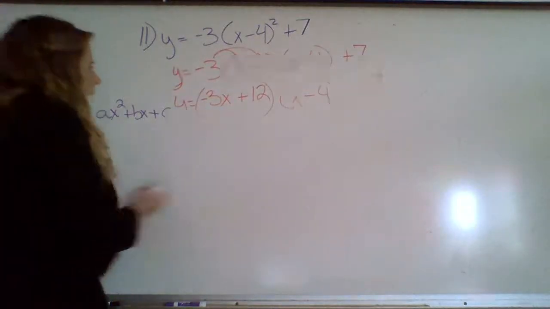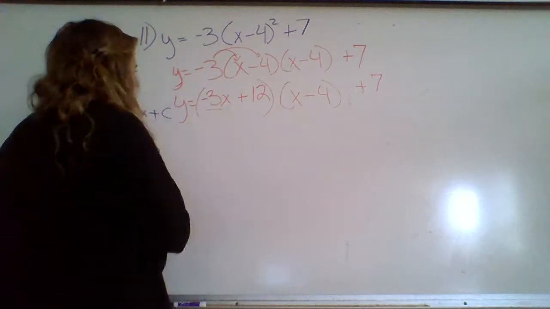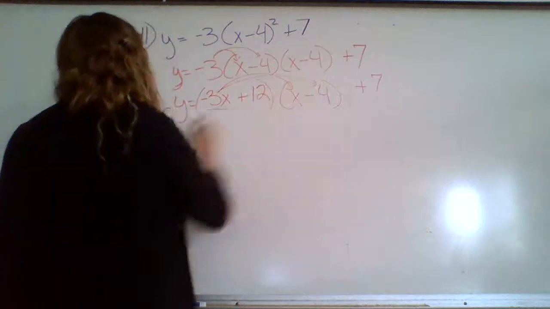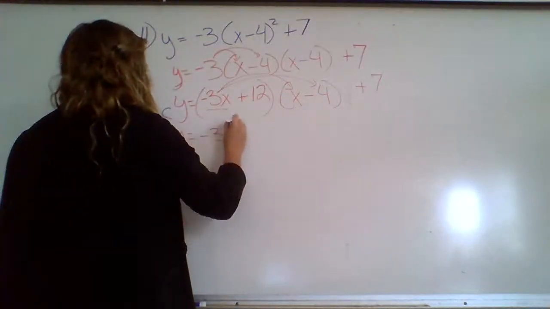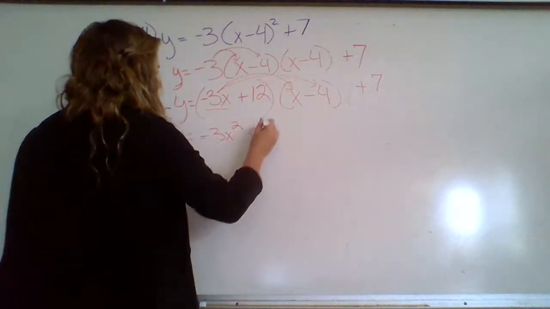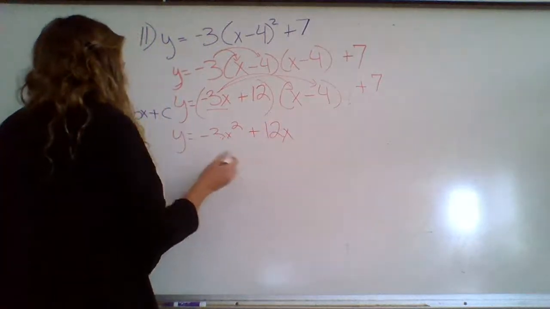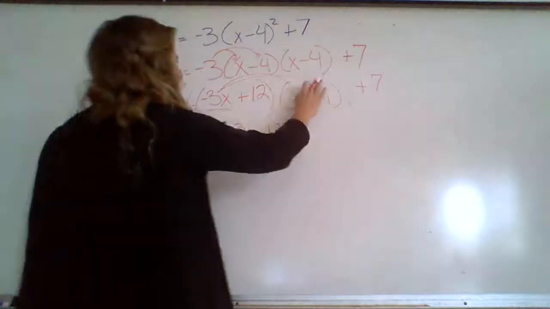All right, so now you're just FOILing, two-part distribution. So start with -3x, and here we go. Y equals -3x squared, -3x times -4 plus 12x. And then we're done with the -3.